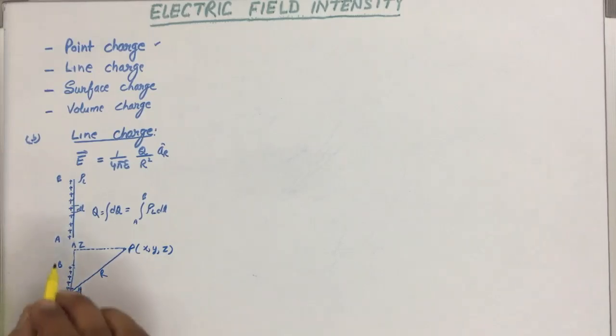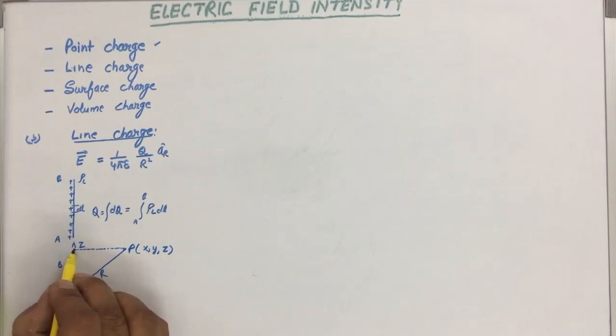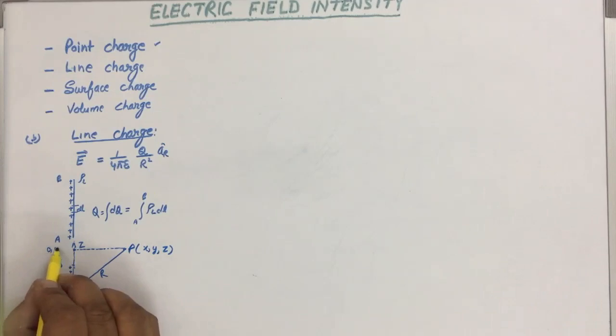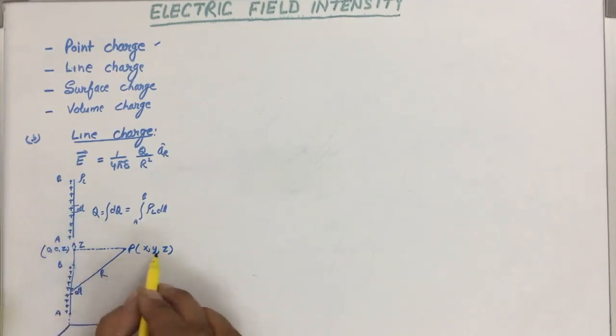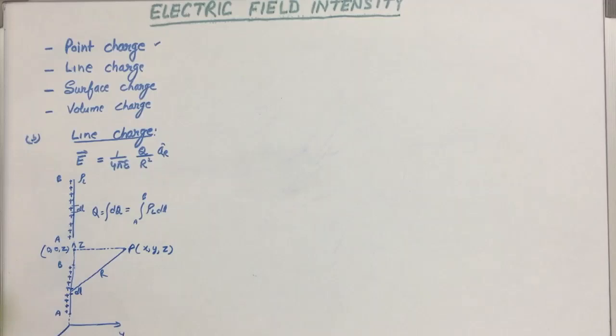So the coordinates of this dl point will be on the z axis: x will be 0, y will be 0 and z will be there. Now the coordinates of the considered point are 0, 0, 0 on the remaining axes. Since we have already assumed z here, we can say it is z dash.